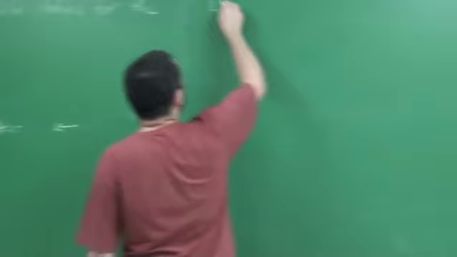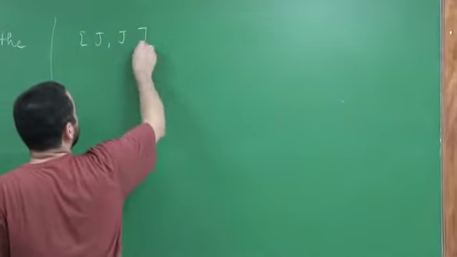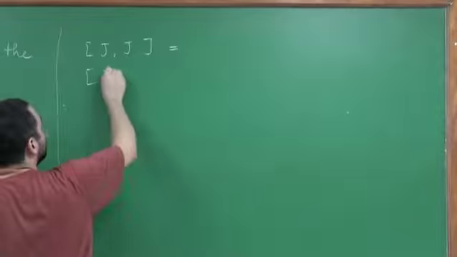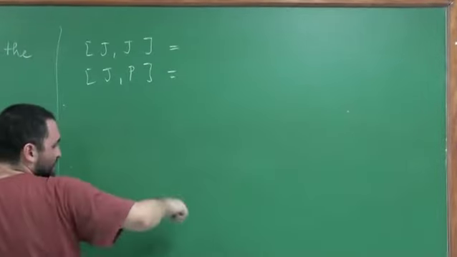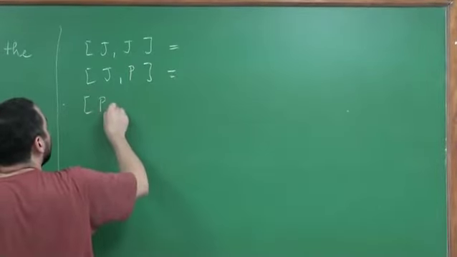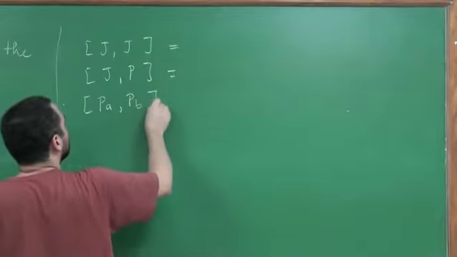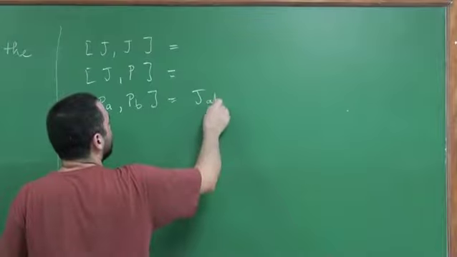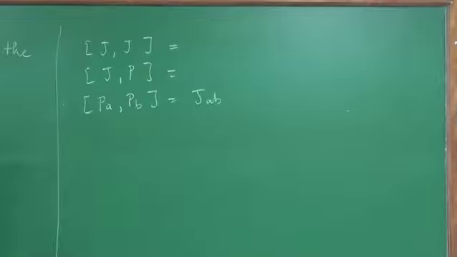So we have the algebra: J is what we know, JP, I just erased it, and PA, PB gives you back J. That's the anti-de Sitter algebra.